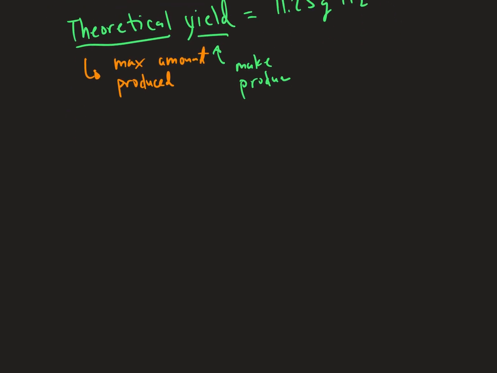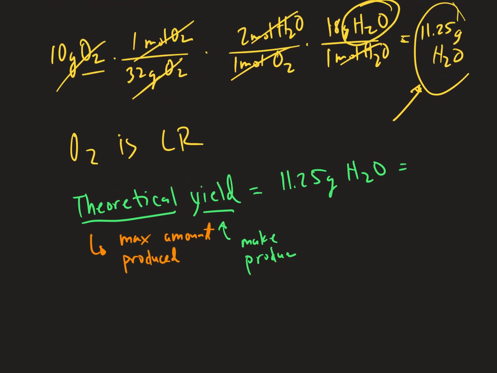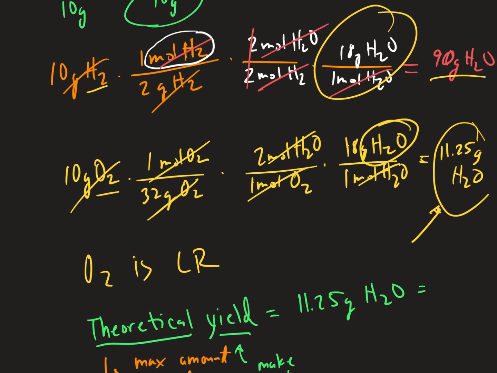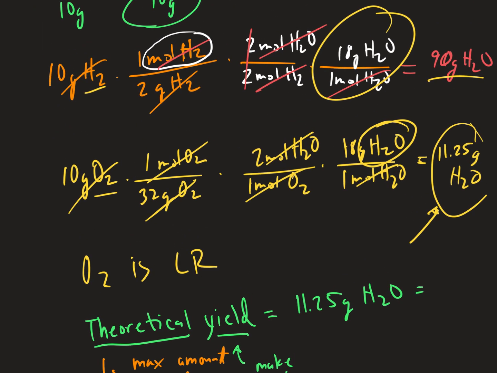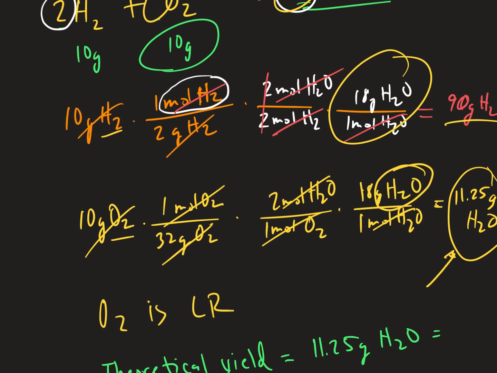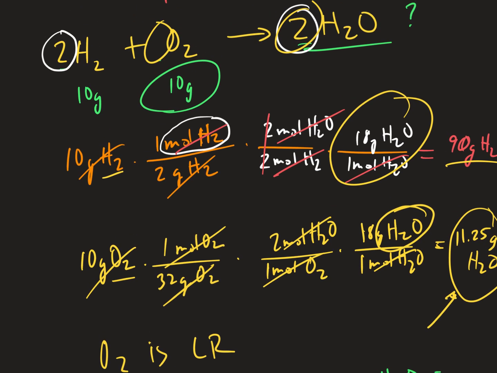Okay, so let's figure out how much extra hydrogen gas we have. Where do we start? Now we have a lot of information. I would always start with what we were originally given. We were originally given these two.